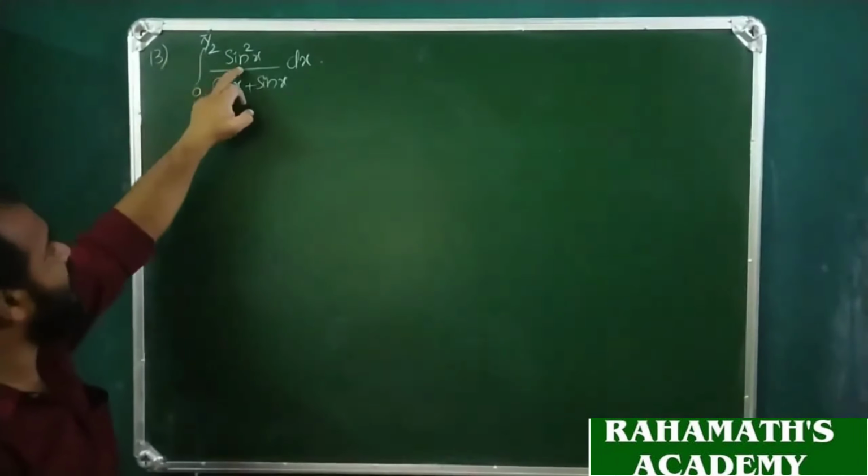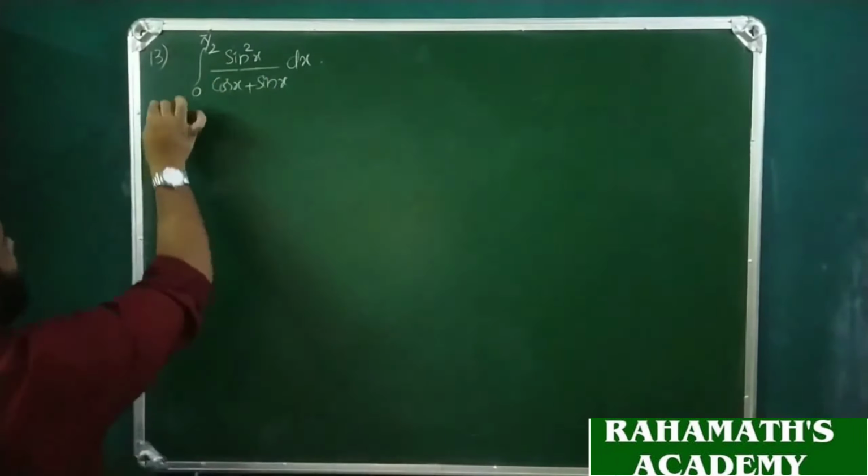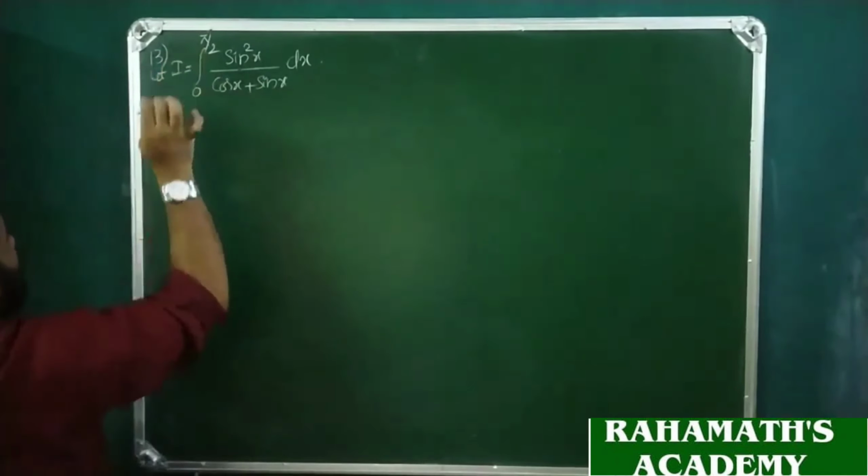The next question is integral 0 to pi by 2 sin square x by cos x plus sin x dx. As usual, let I is equals to.